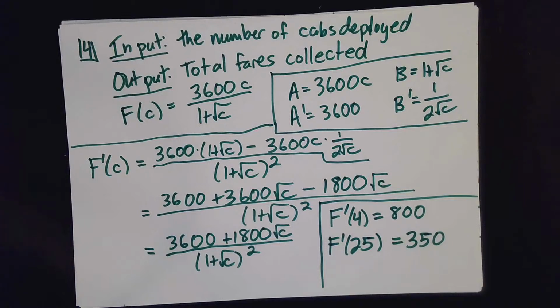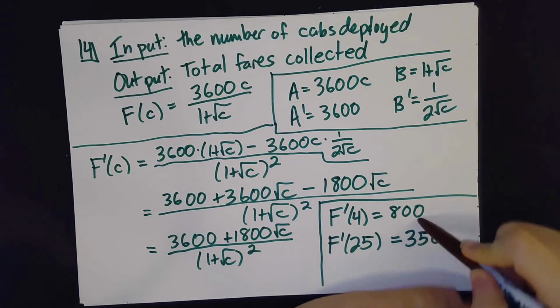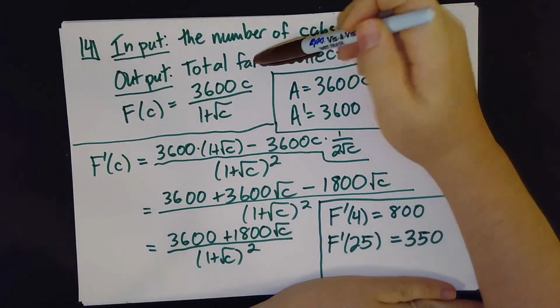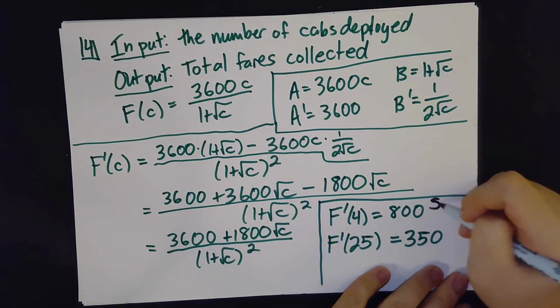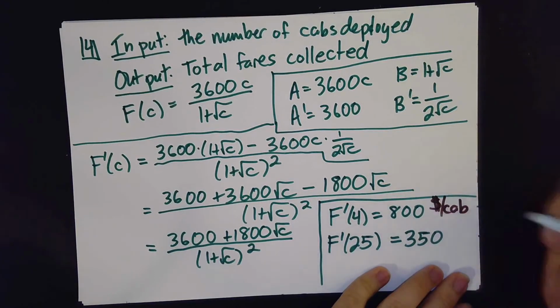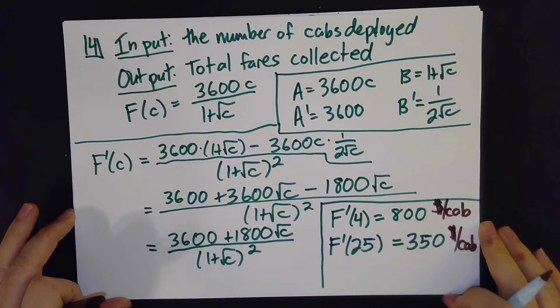And before we talk about what these mean, we have to pause for a moment and think about what the units here are supposed to be. And remember, the units of the derivative are always the units of the output over the units of the input. So this is dollars per cab.